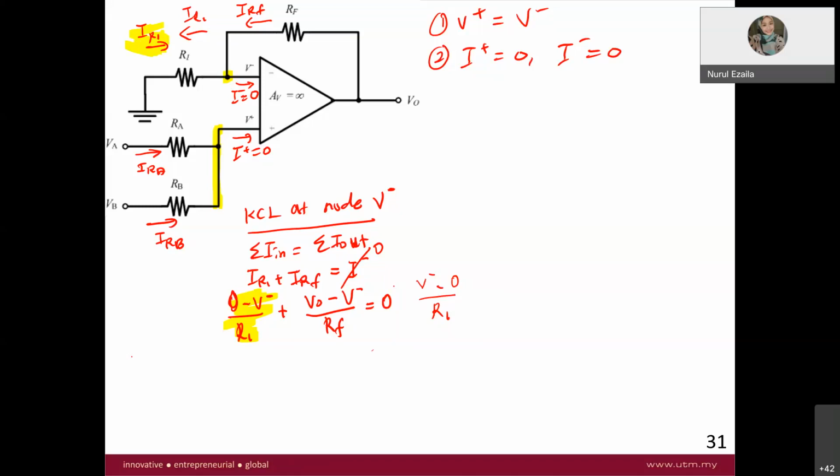For Idlan, the current direction is to the left, therefore current out is V minus 0 over R1. Doesn't matter, but when you write the KVL, it must be correct. Is that answering your question, Idlan?